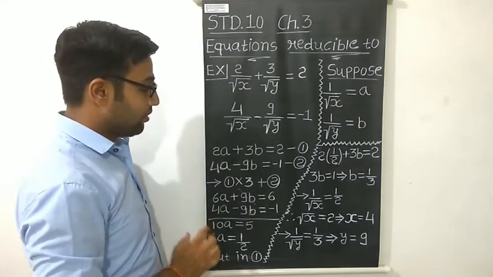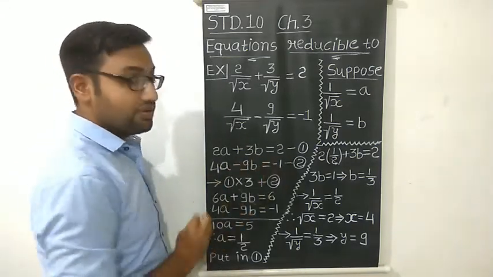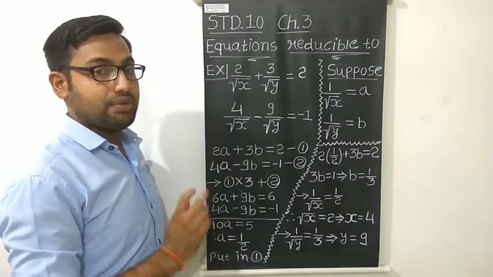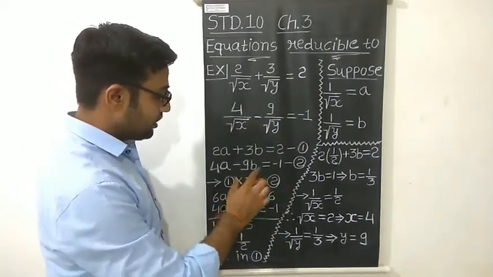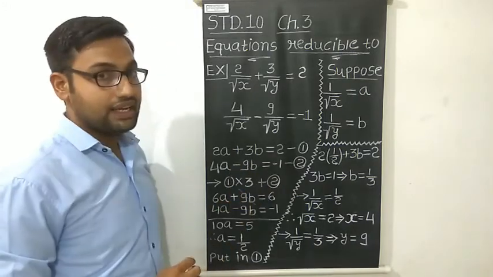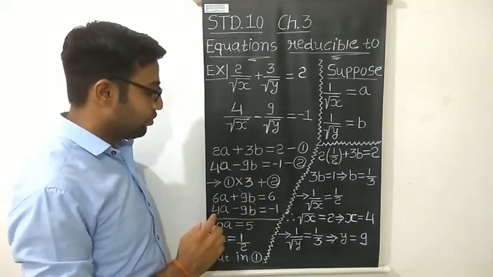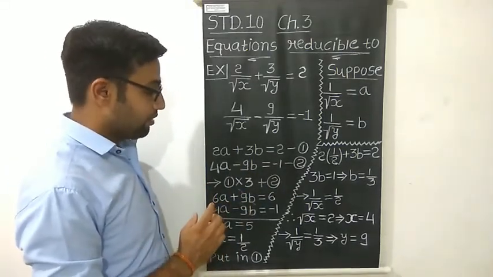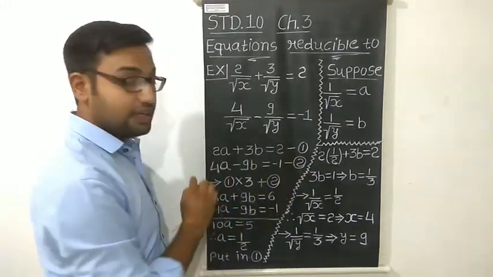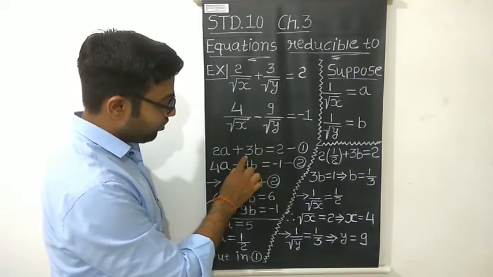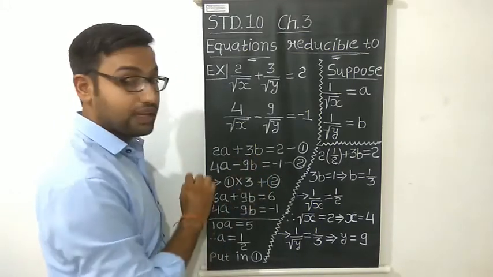Now these two equations we can solve by any method. Here we will solve this pair of linear equations by the elimination method. We will multiply equation number 1 with 3, because the coefficient of b is 9 and 3.